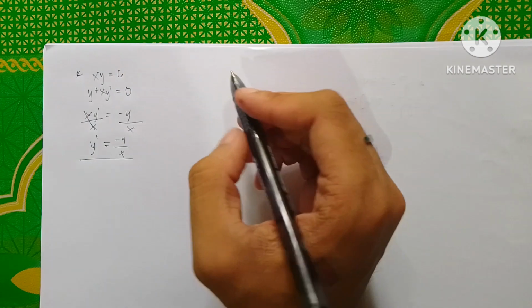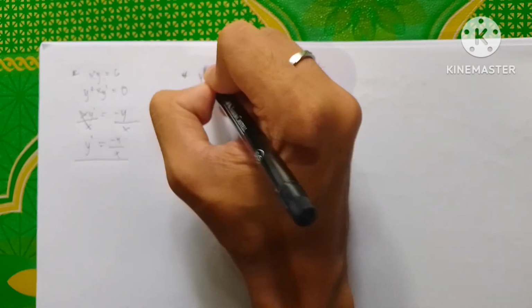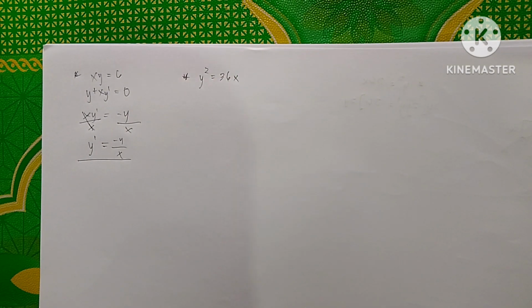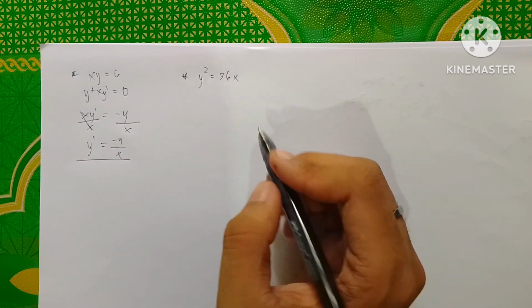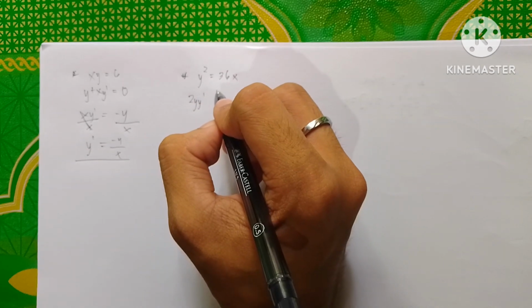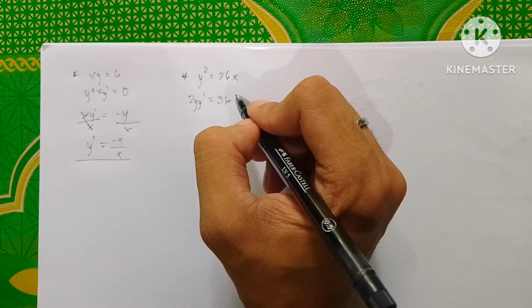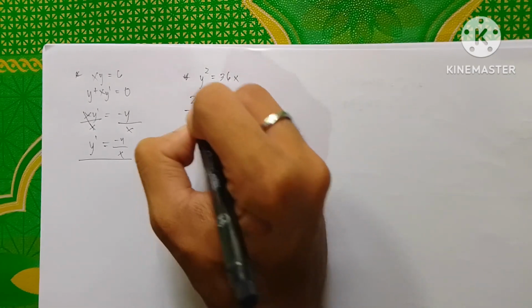And the second equation is y squared equals 36x. To get its derivative, the derivative of y squared is 2y y prime, and the derivative of 36x is 36. Then we will divide both sides by 2y to get our y prime.